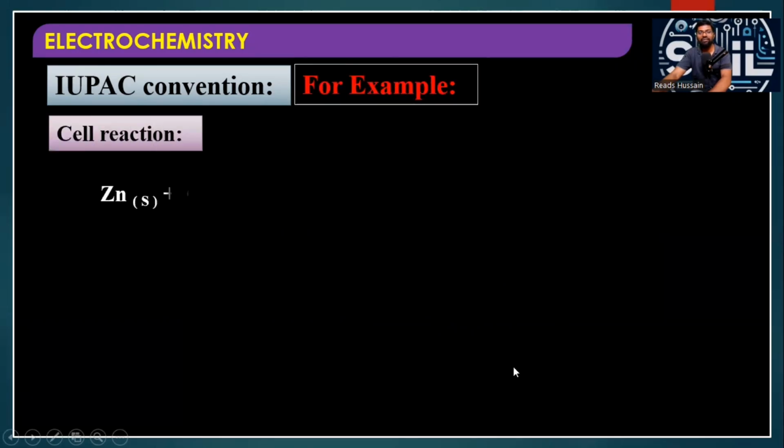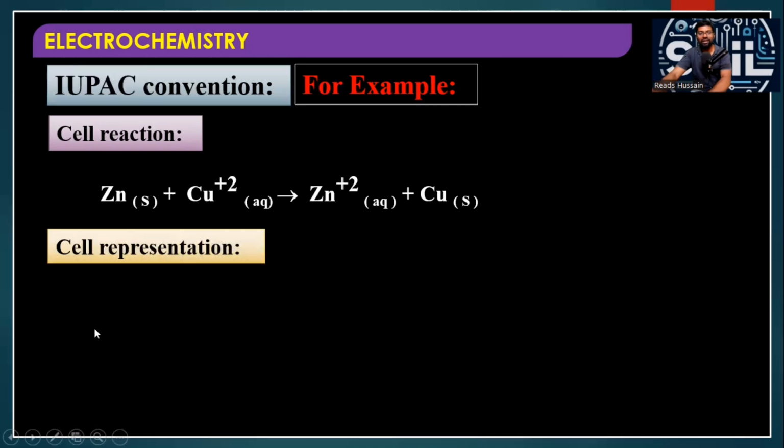For example, we'll take the same reaction we are discussing now. Zinc loses 2 electrons and becomes Zn plus 2. Copper gains 2 electrons and becomes copper, Cu. And the cell representation is Zn bar Zn plus 2. This is the first representation, the anodic representation, and between the zinc metal rod and zinc sulfate solution there is a vertical line.